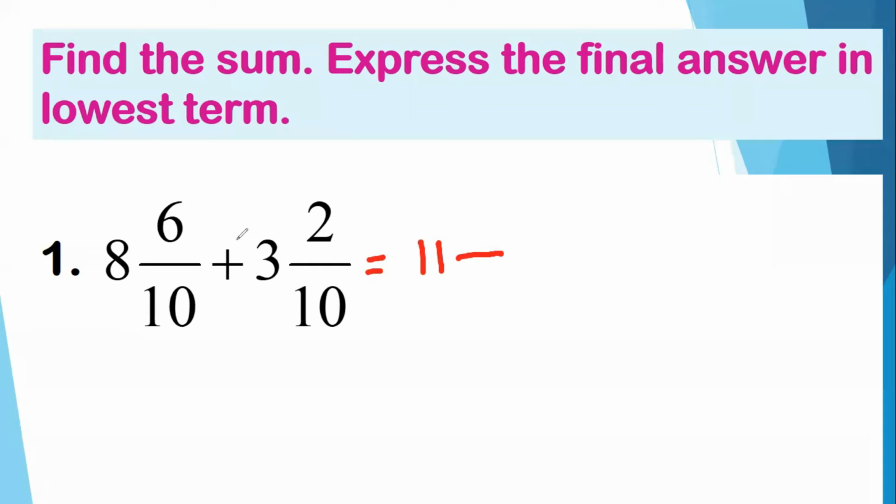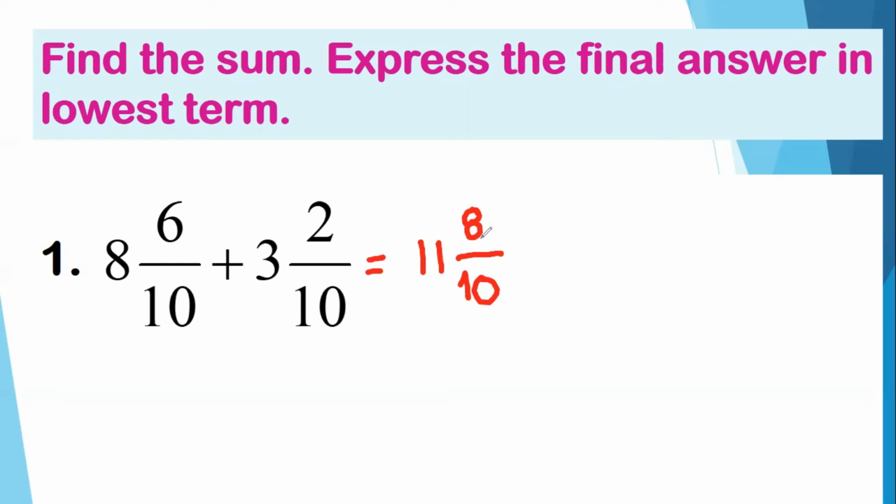Now remember that to add similar fractions, all we have to do is just add the numerators and then copy the common denominator. So we add 6 plus 2, that is 8, and then copy the same denominator, which is 10. Of course, you have to take note, you have to express the final answer in lowest term.